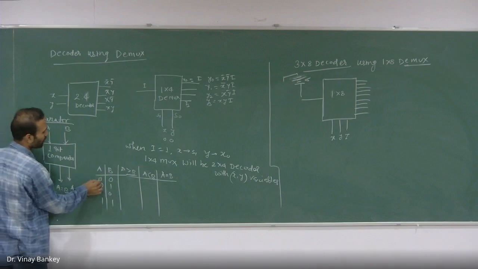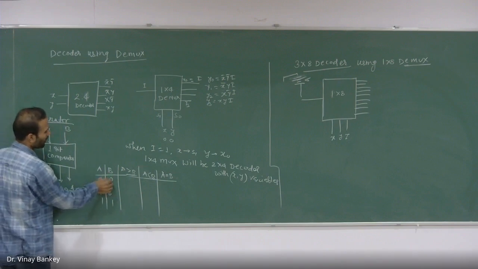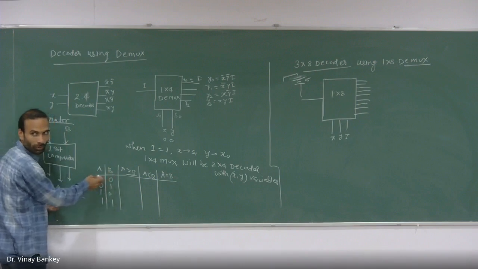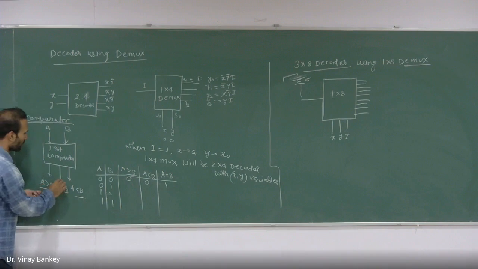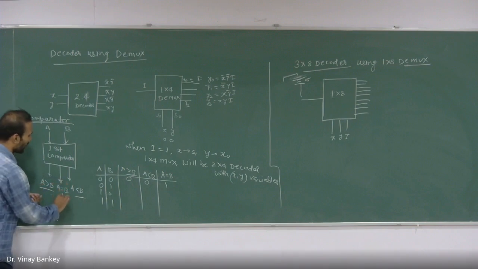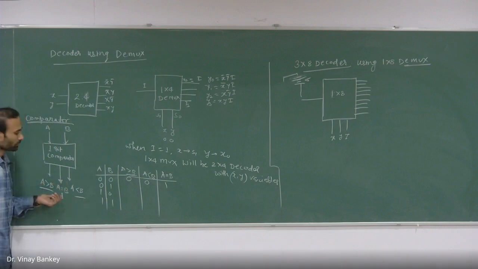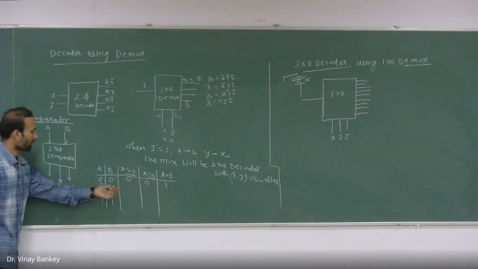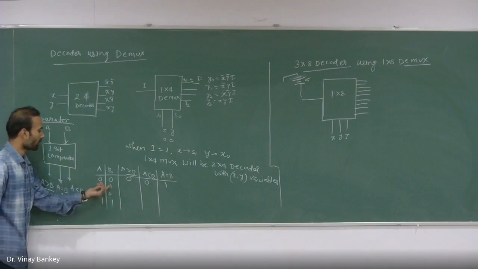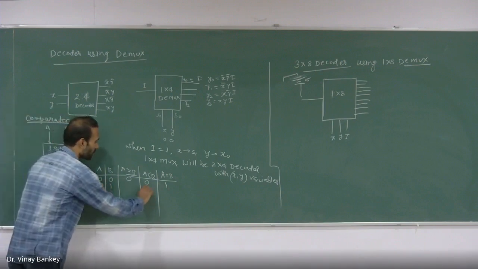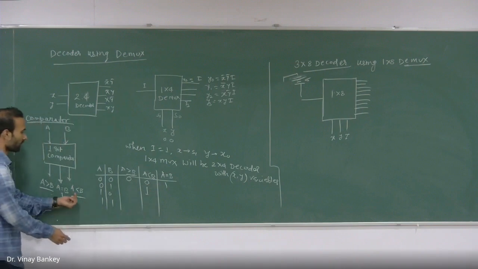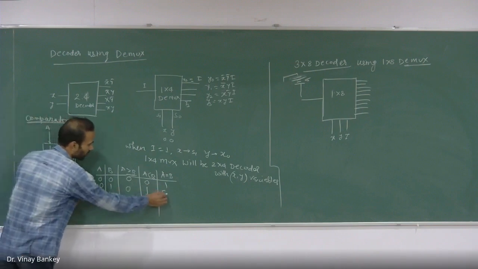You will compare both. 0 is equal to 0. Here A is equal to B. So this will be high and this will be 0, 0. So you will get high at A equal to B. When you compare this, here we can see A is less than B. So this output will be high and this will be 0 and 0.